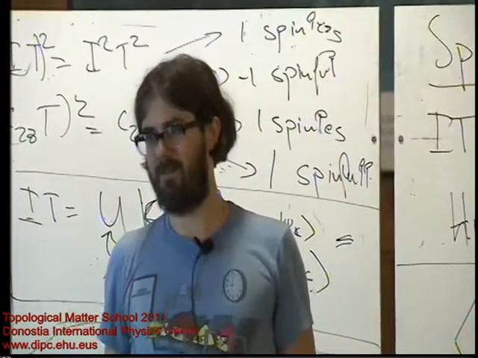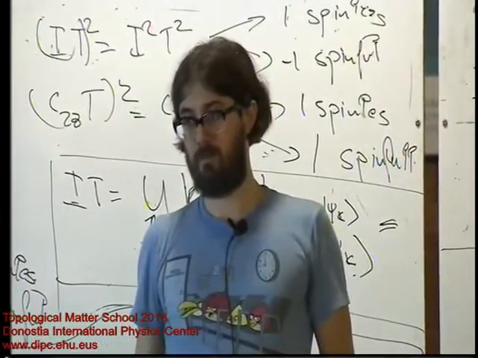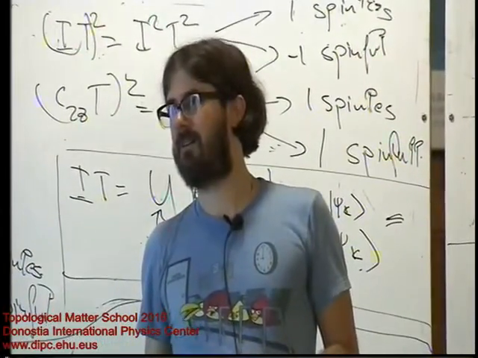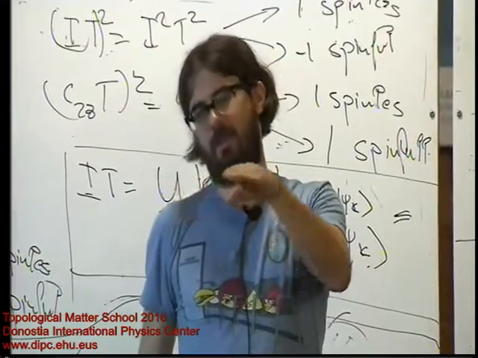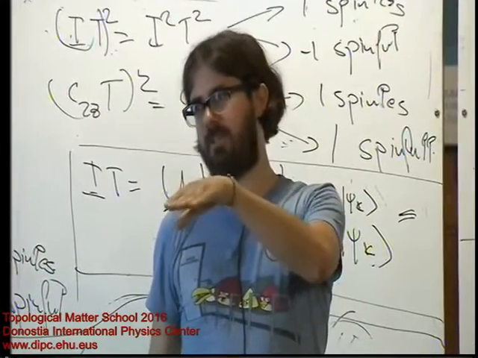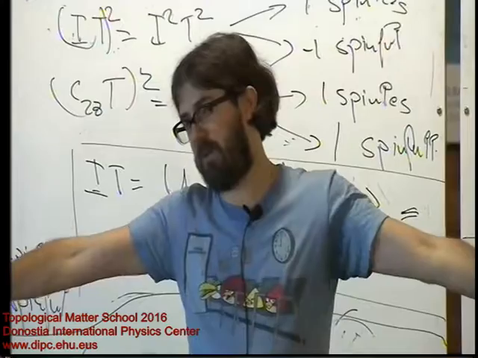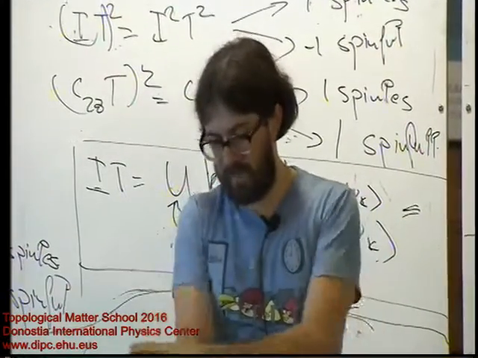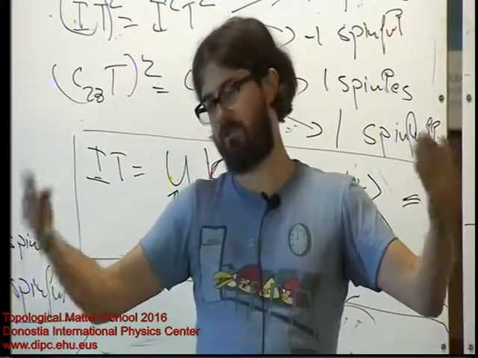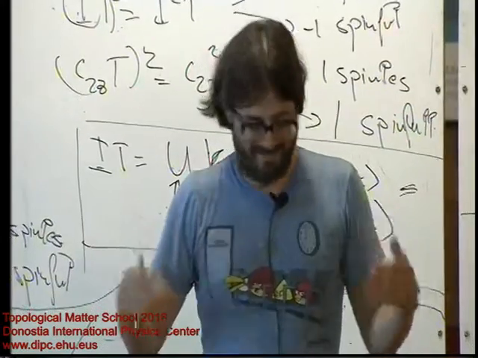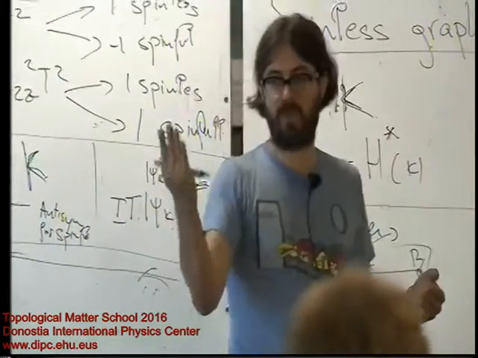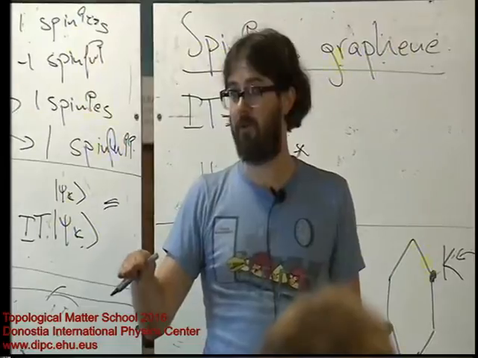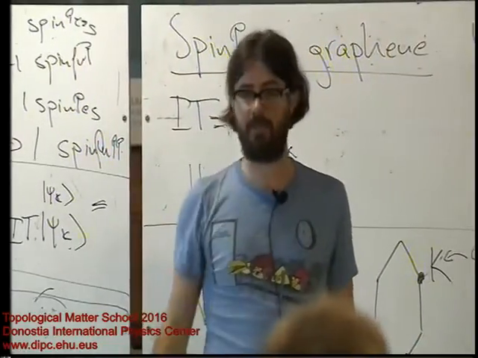Why? In group theory terms, you'd say that there's a mirror symmetry in the plane. The plane of graphene is a symmetry plane, you just flip it. The pz orbital has an odd eigenvalue under that mirror, because it changes from pz to minus pz.